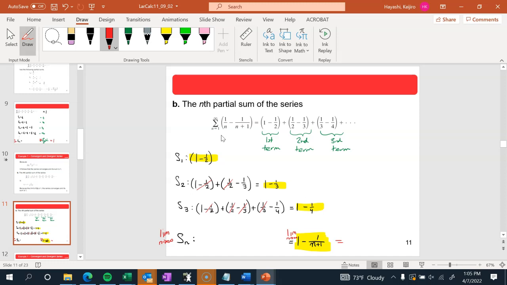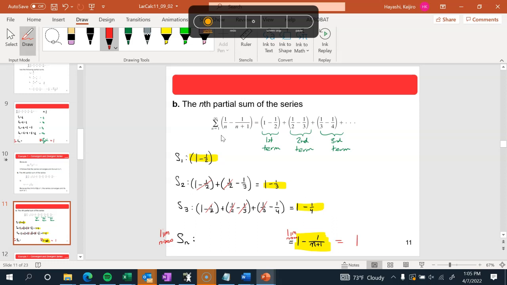Since you're dividing by something that's growing, that thing is shrinking, and 1 minus this thing that's shrinking to 0, that limit is going to be 1. So this series actually also equals 1.